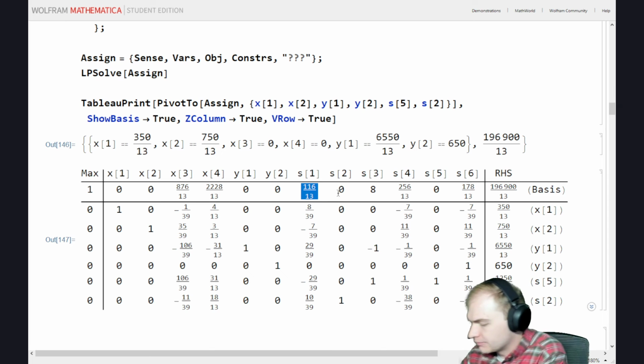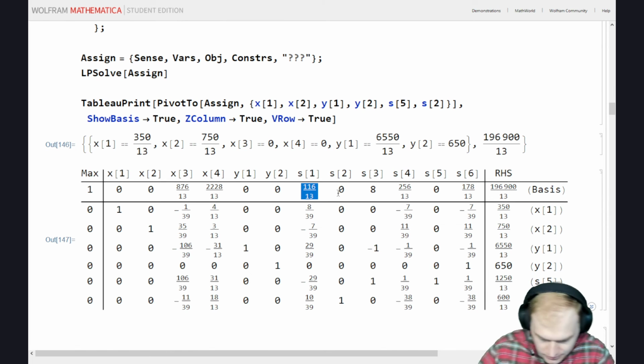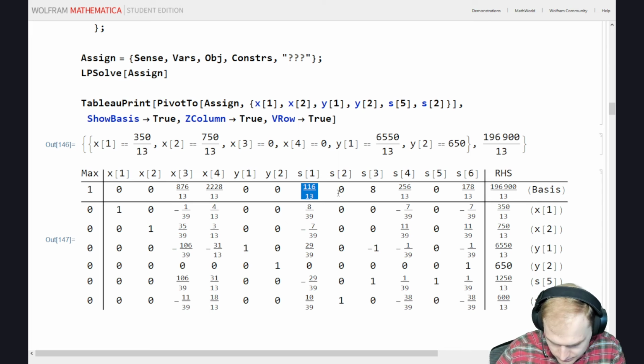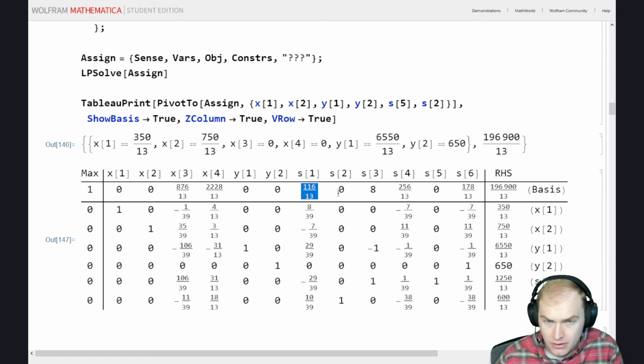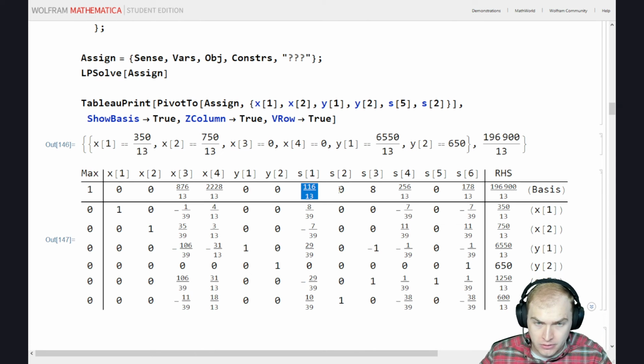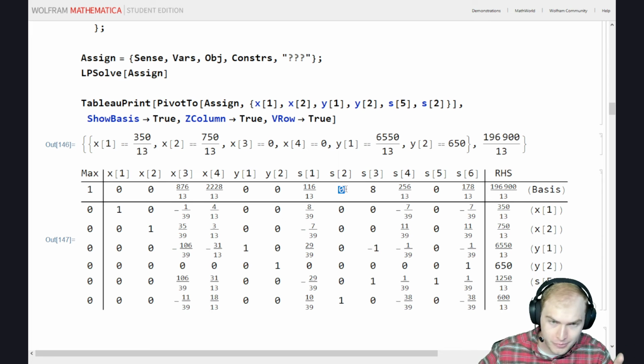Let me find the problem exactly so I can explain this. We're not using all of machine 2 already, so increasing the amount of machine 2 time that we have available won't actually change our bottom line, our profit.